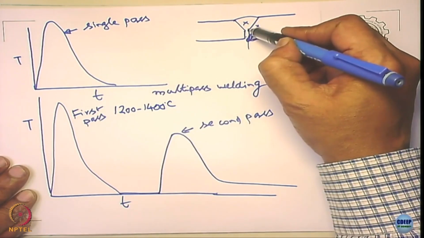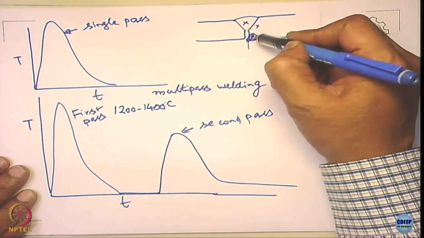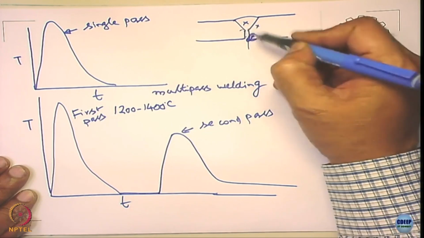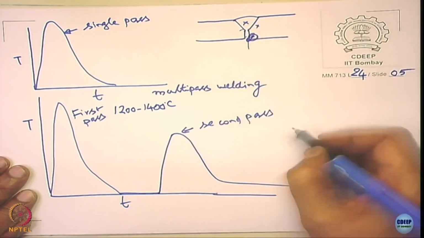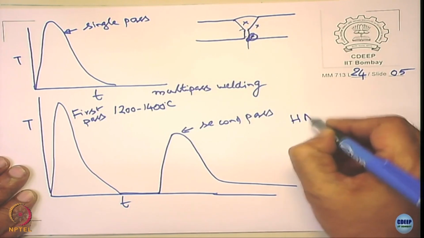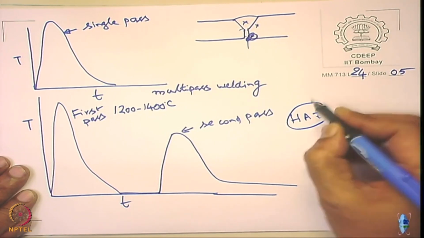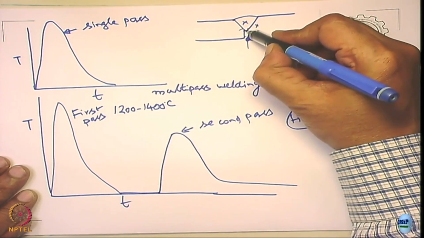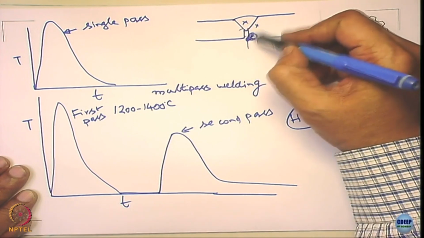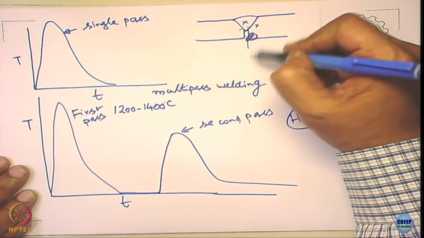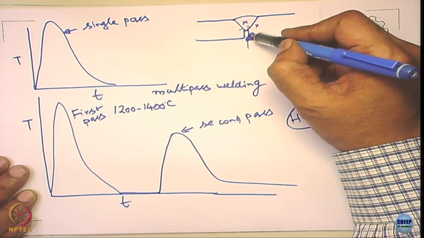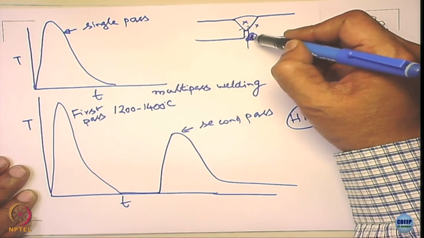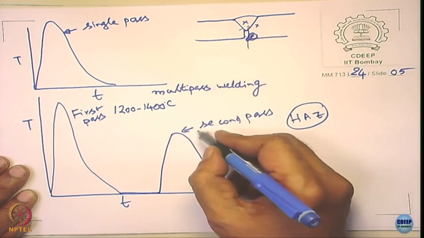When I move up here, suppose I start welding here, this location is going to follow something like a heat affected zone for this area. When I start moving up, what happens? The distance is sufficient enough for me to consider this as heat affected zone. So this temperature is in the range of what?